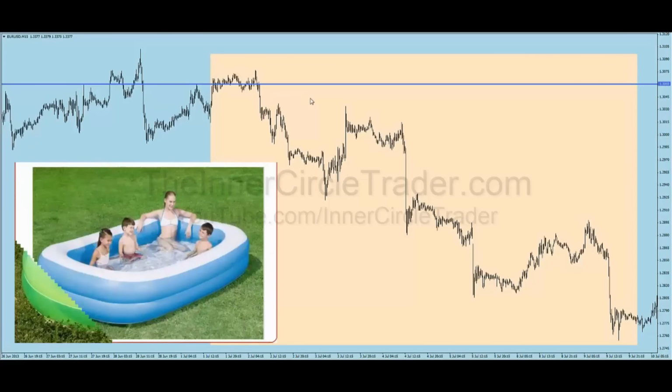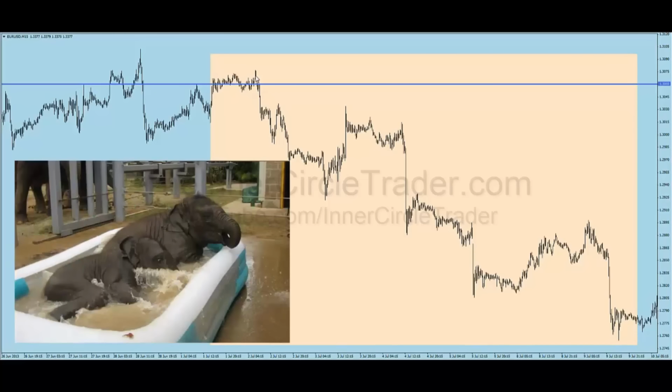We can get in that pool and we can make little splashes around, okay, as retail. But that water will not be displaced by retail traders. We'll make small little minor little blips, okay, like you see here, okay? But when smart money gets involved, okay, they're like that elephant in the room.